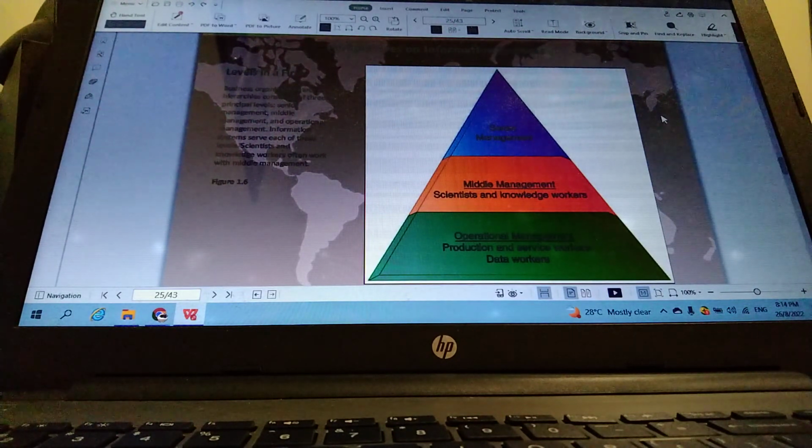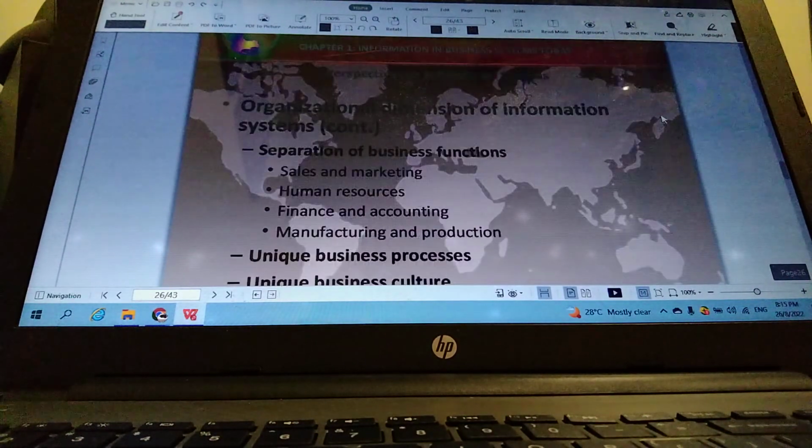And then we have the bottom part, the bigger portion, which consists of production and service workers, data entry clerks, data workers, and so on. So this is a common chart in any organization, and this is how they are related or how they become the users of the information system.